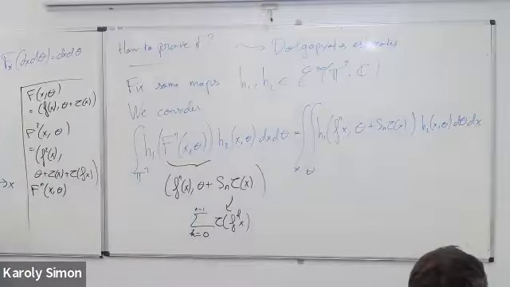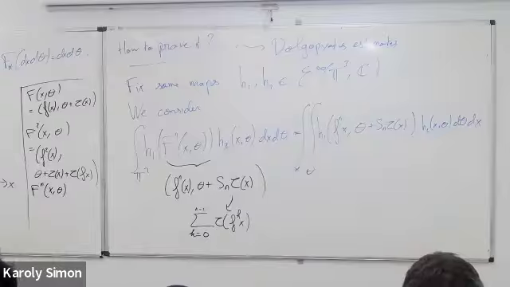Because we use the Lebesgue measure in theta, this is actually important. We can use Parseval to write this as a sum of Fourier coefficients.